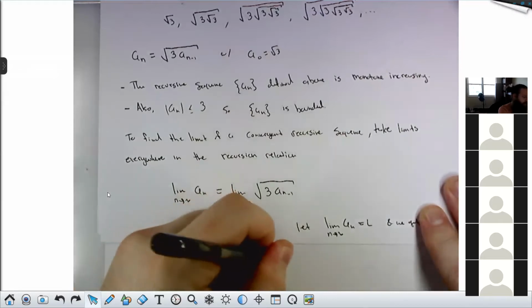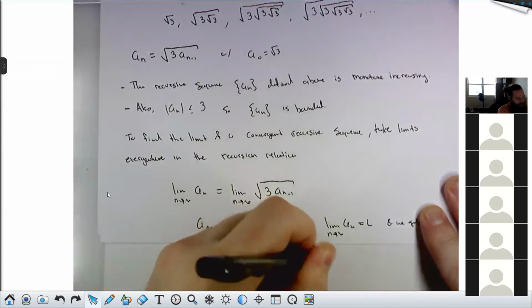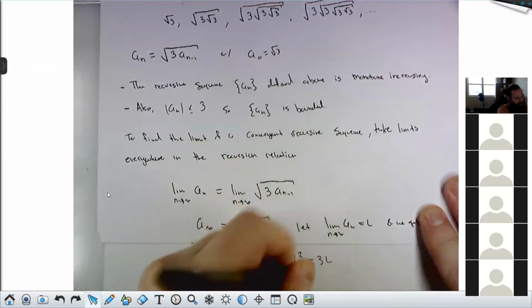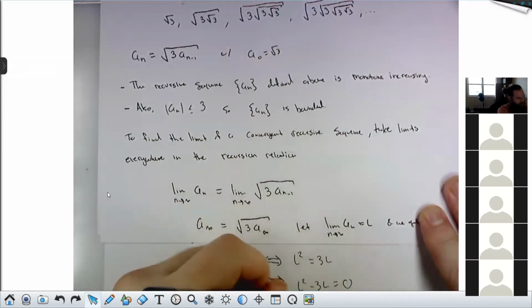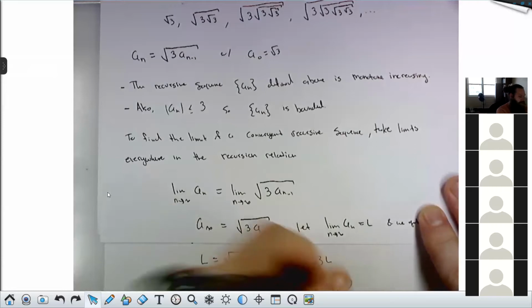And now you can solve this for L. That'll give you L squared equals 3L, which is equivalent to saying L squared minus 3L equals 0, which is equivalent to saying L times (L minus 3) equals 0.